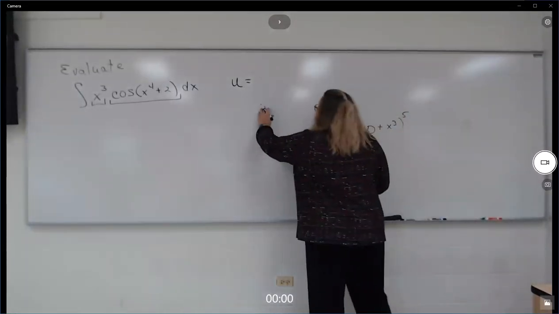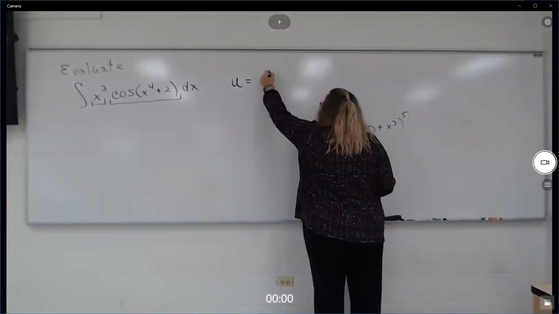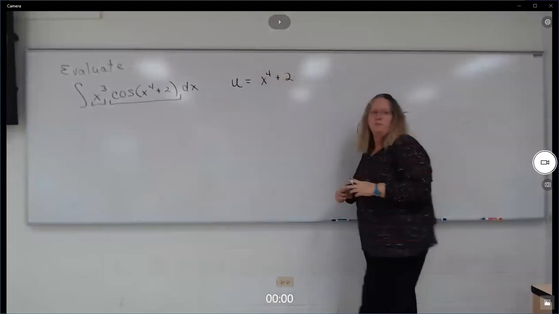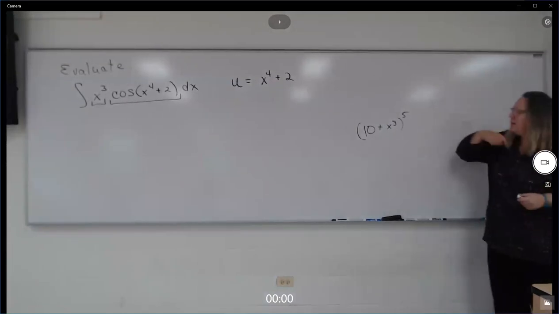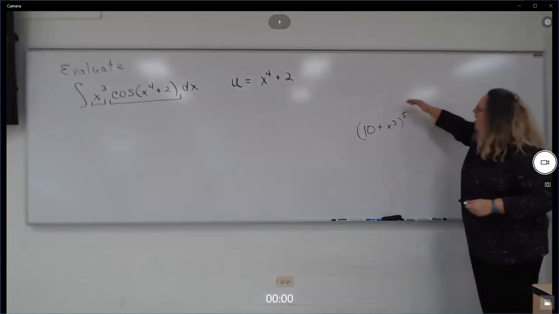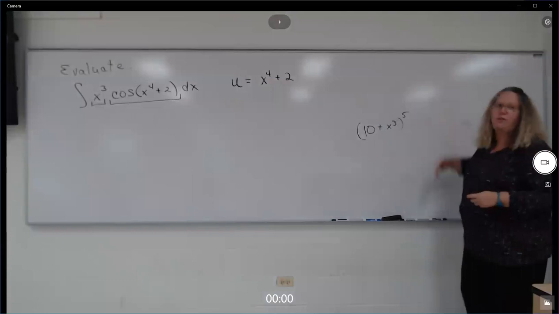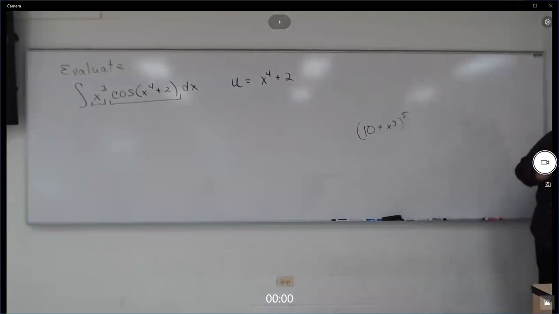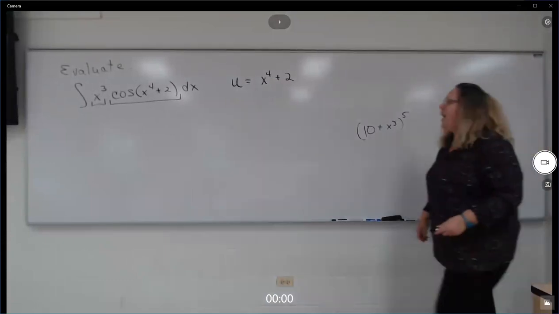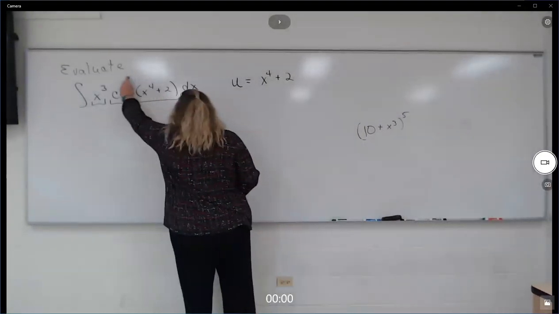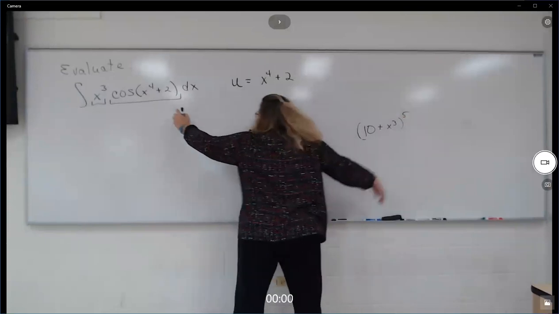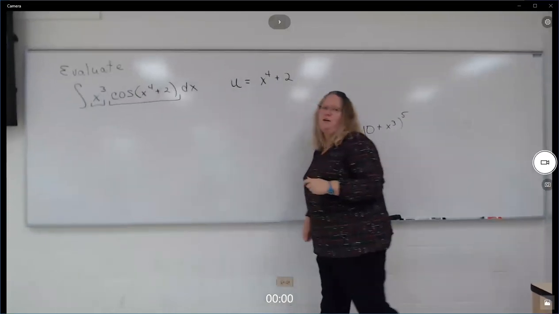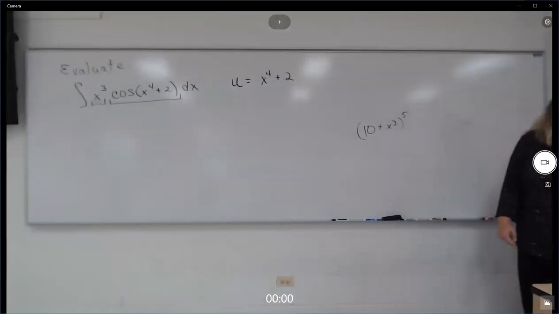So your u is just going to be x to the fourth plus 2. So don't make it too much. Notice that on the last problem, we don't take the 5, but because it has that extra thing happening to it, that becomes your u. So x to the fourth plus 2 has this cosine attached to it, but you don't take that extra piece, just like we didn't take the 5. But that signals that that's your u.